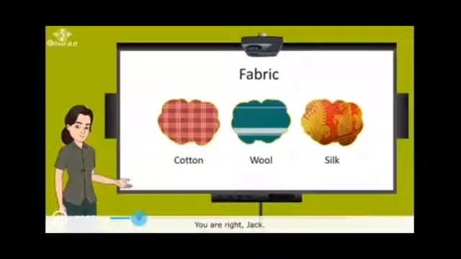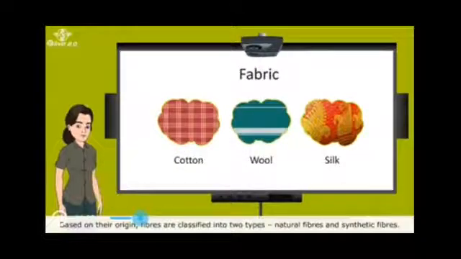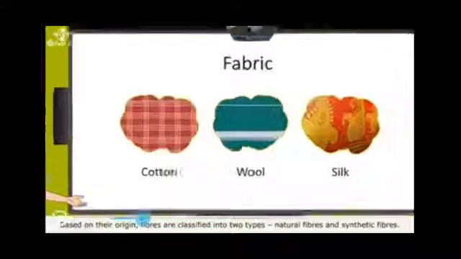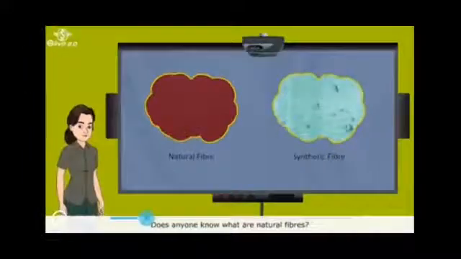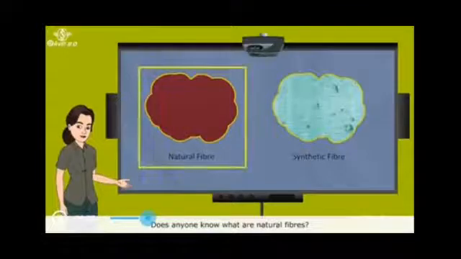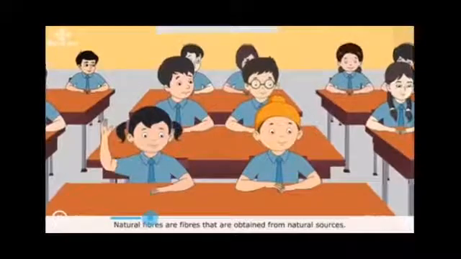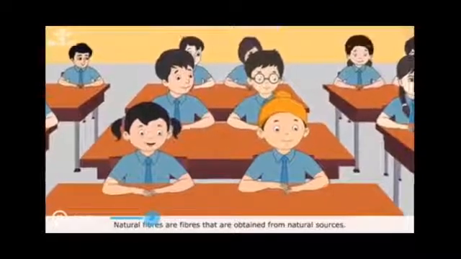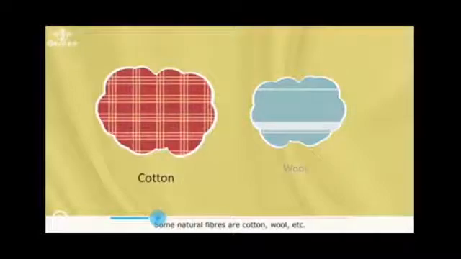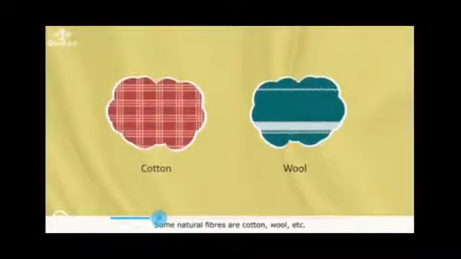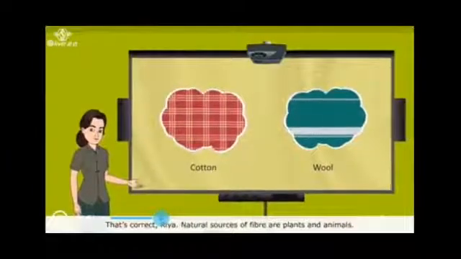You are right, Jack. Based on their origin, fibers are classified into two types, natural fibers and synthetic fibers. Does anyone know what natural fibers are? Natural fibers are fibers obtained from natural sources. Some natural fibers are cotton, wool, etc. That's correct, Ria.